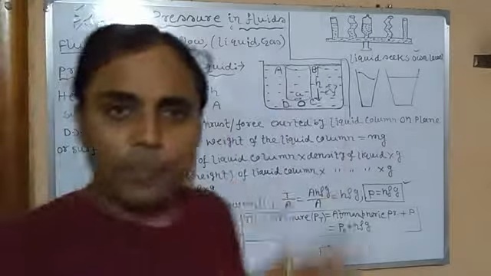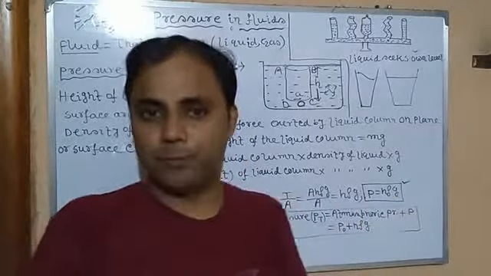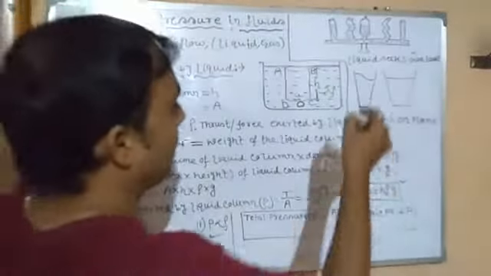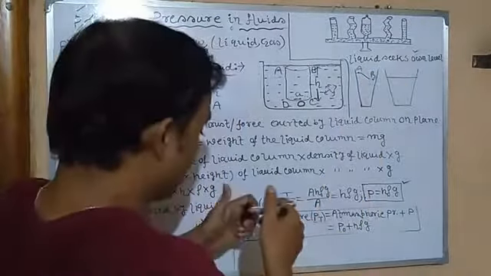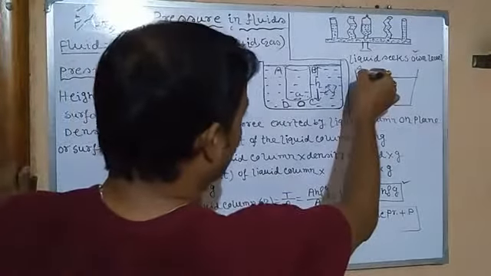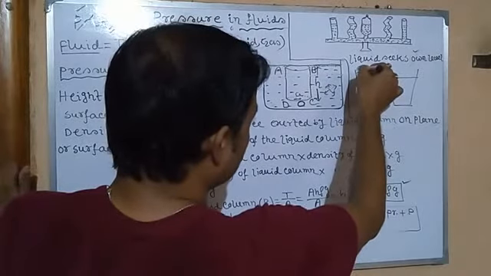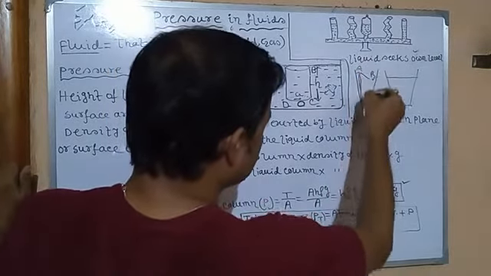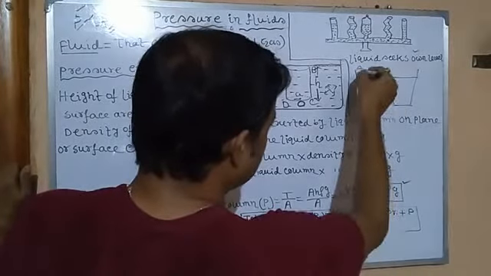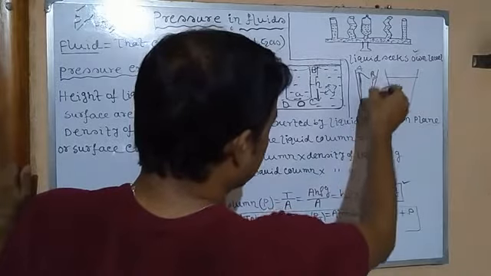It is just like the flow of heat from a high region to a low region to maintain equilibrium. Suppose there are 2 points, point A and point B. The heights from the bottom are H1 and H2.